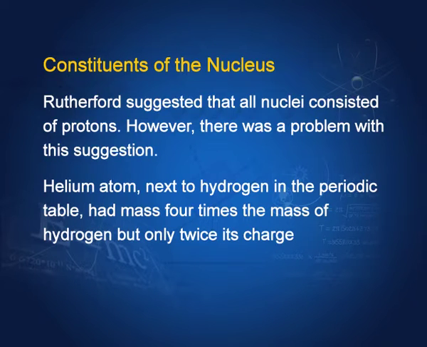What was the problem? The next atom after hydrogen, helium, has a mass equal to 4 times the mass of hydrogen. That means there must be 4 protons, or particles which have the mass of 4 protons. But the atom of helium carries only 2 electrons. So, how do you make the atom neutral? If the nucleus carries 4 protons and there are only 2 electrons going around it, then you cannot make the atom neutral.